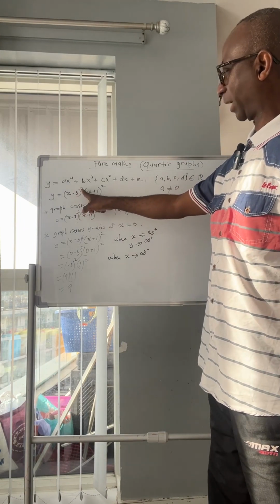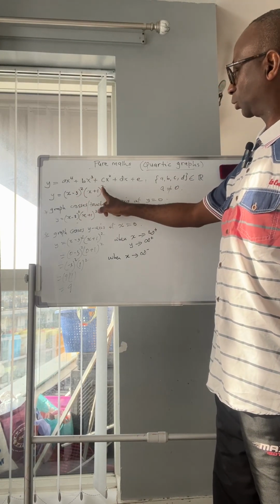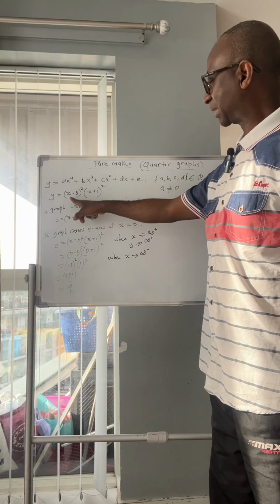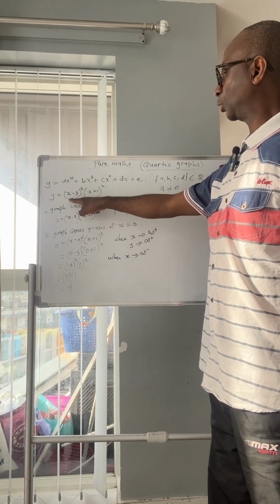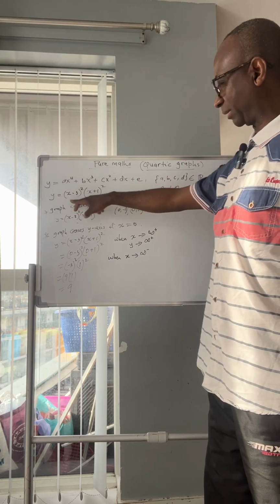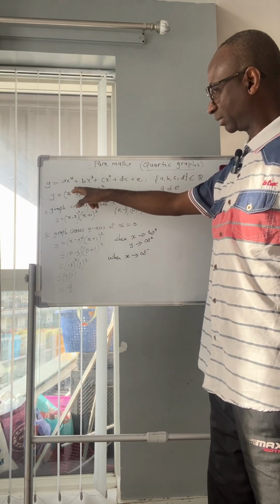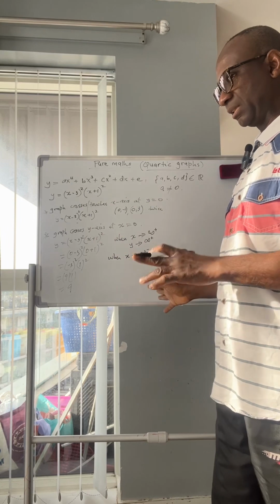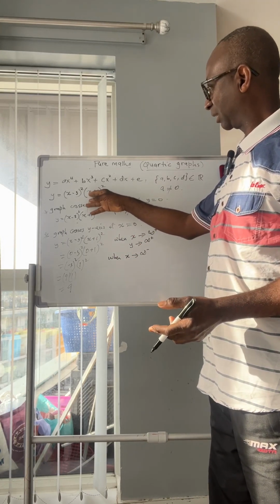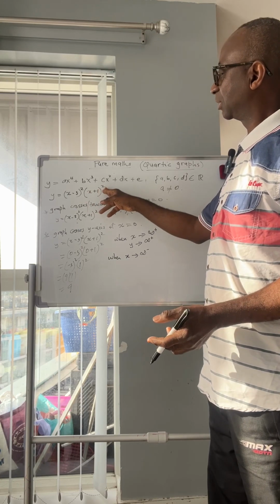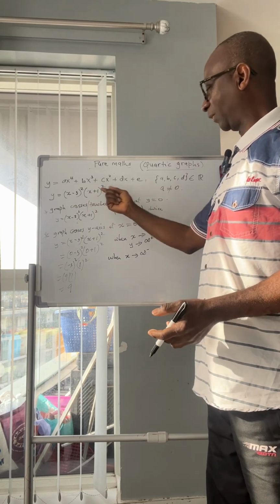Because this is squared, this one too is squared. So no matter what negative value x takes, it is always going to be positive here when you multiply them together. Because this is squared, negative times negative you get plus. If this is also negative here, but you multiply negative by negative, your final answer will be plus.